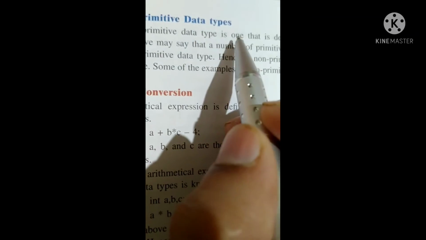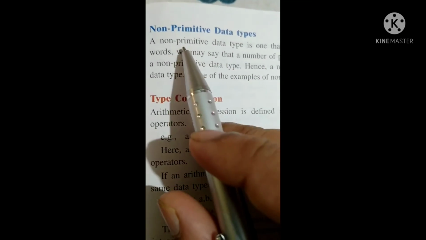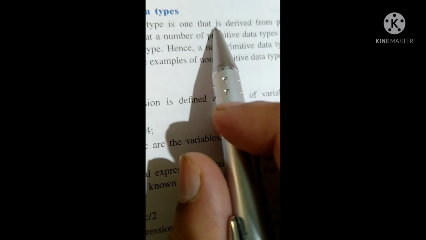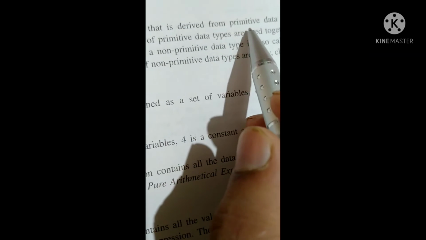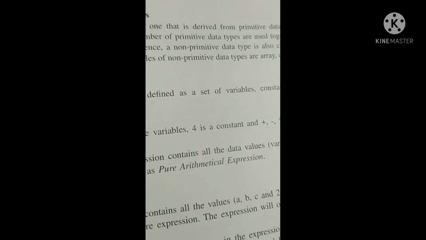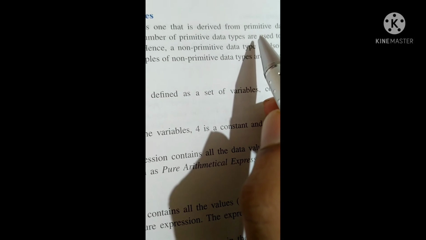Non-primitive data types: a non-primitive data type is one that is derived from primitive data types. We create non-primitive data types with the help of primitive data types.